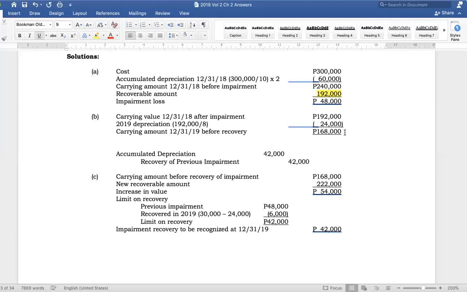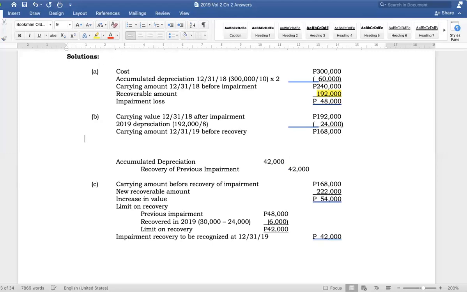Therefore, here let us add recognized recovery with limit of 42.